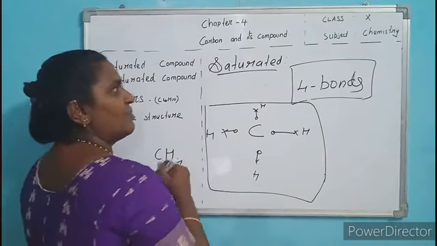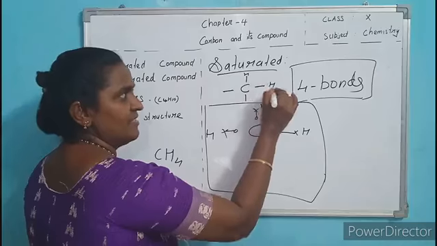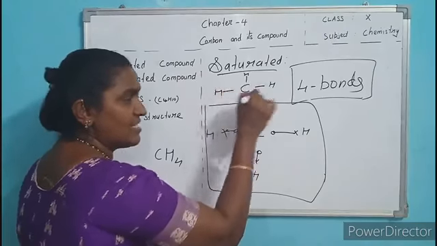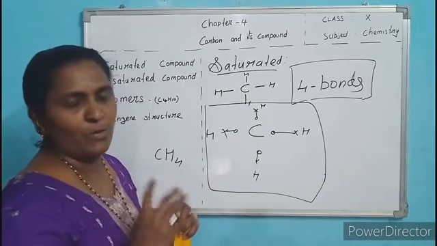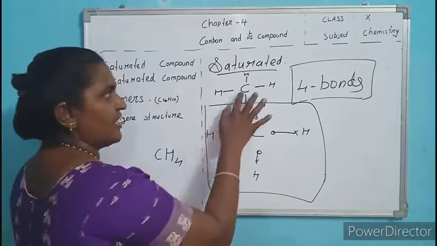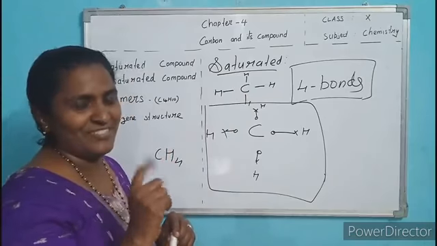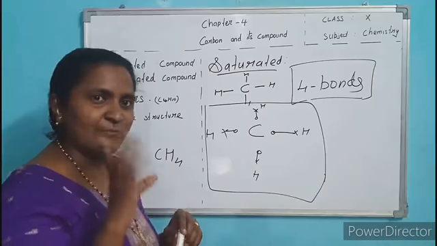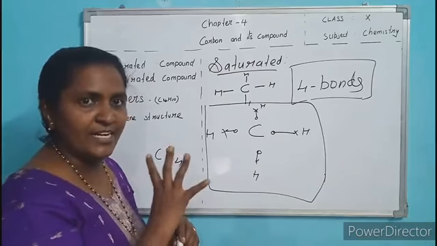So, if the carbon has 4 single bonds, that means with hydrogen, such compound is called saturated organic compound. What is saturated? If the carbon has 4 single bonds, then it is called saturated compound.